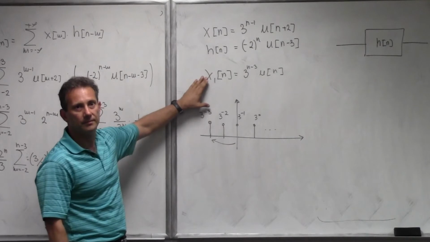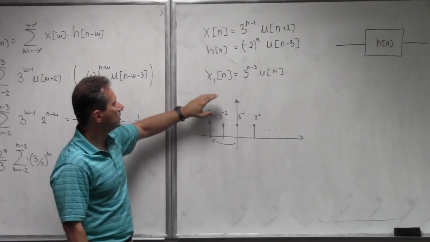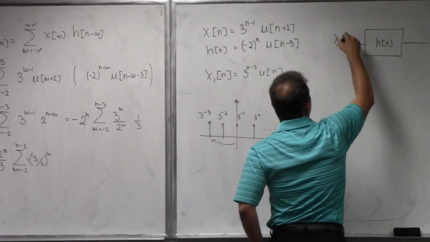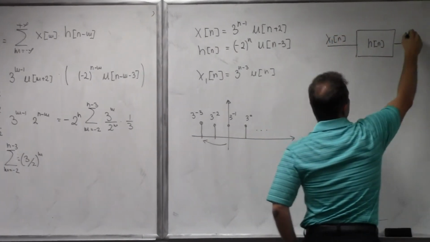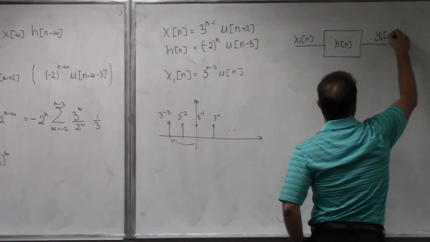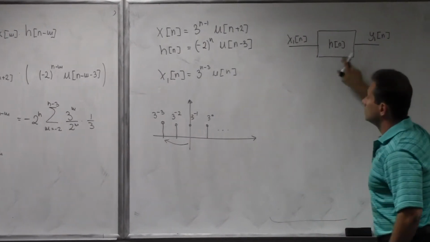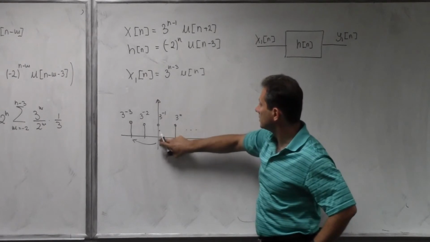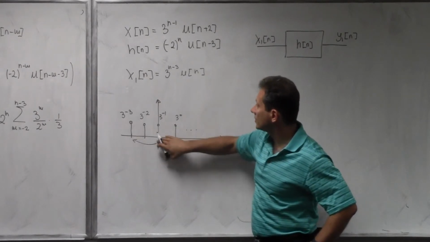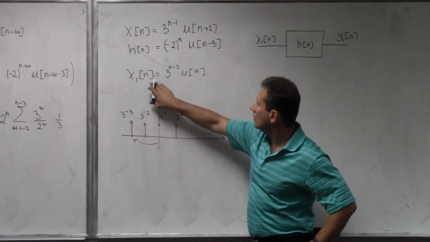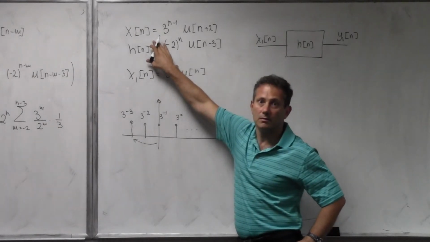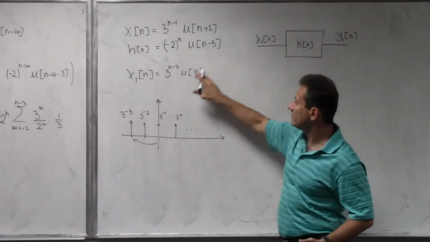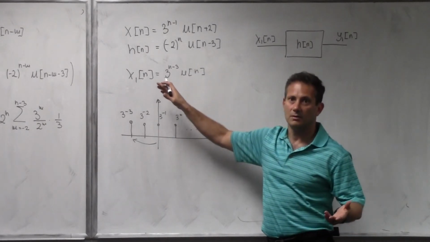Did you follow what I did? So that's x1 of n. Now if I feed this x1 of n into this system here, I'm going to get y1 of n. But what do I know about y1 of n? Since x1 of n is a delayed version of this x of n by 2 samples, y1 of n is going to be a delayed version of y of n, right?